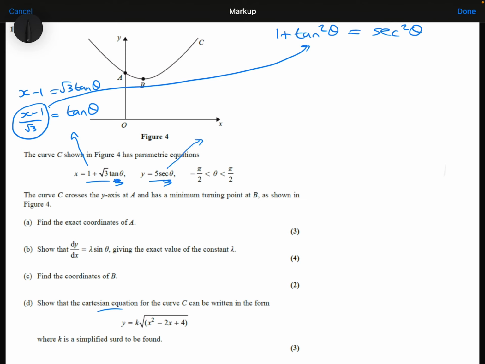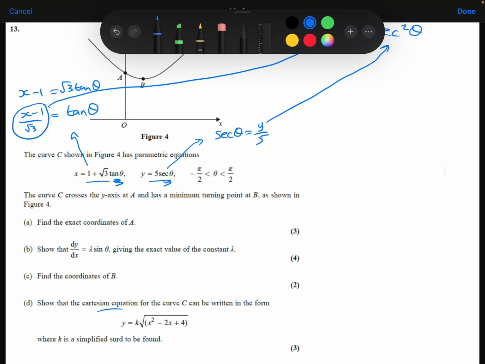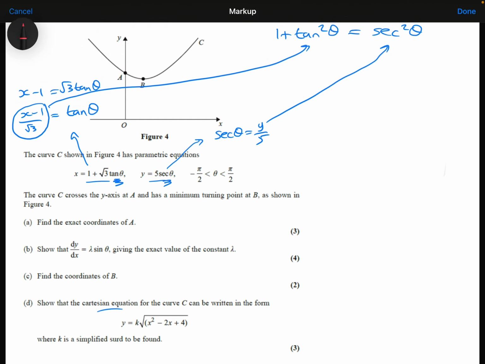Similarly, if I make sec theta the subject here, so sec theta is equal to y divided by 5, and I can substitute that in here. So let's do that. We would have the 1 plus the x minus 1 over root 3, that's my tan squared, equals the sec, which is the y over 5 squared.